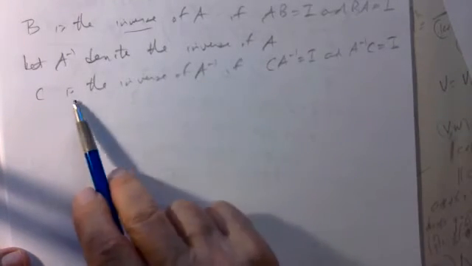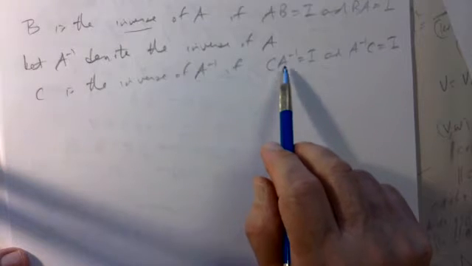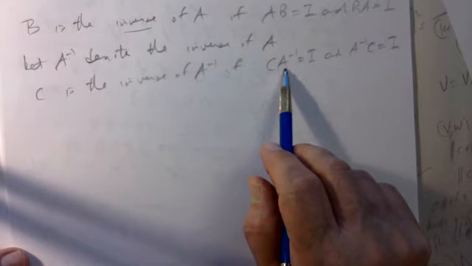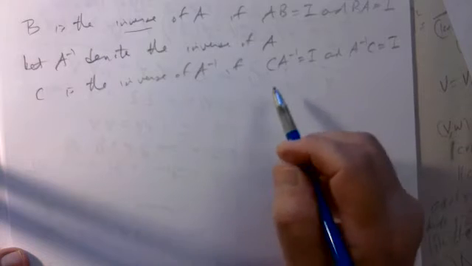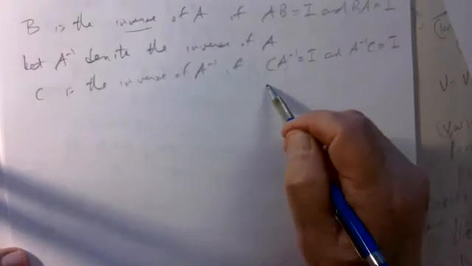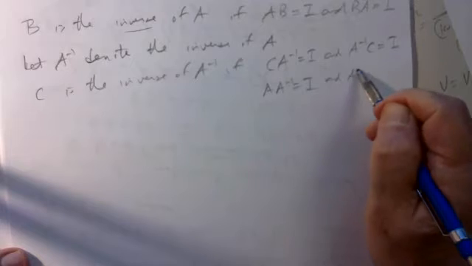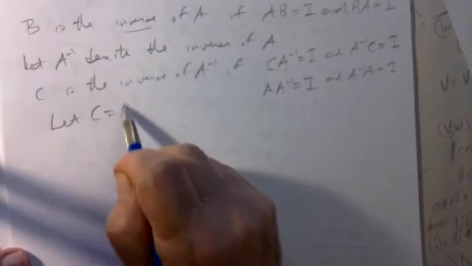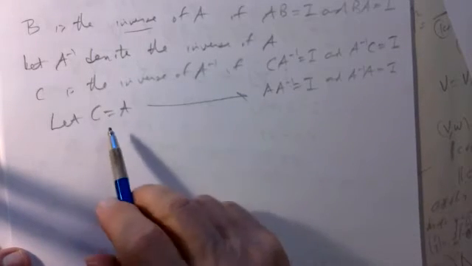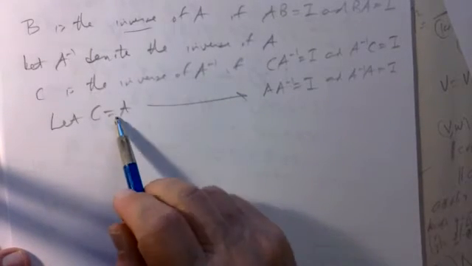This is the definition of the inverse of A inverse, right? Well, but we have that A A inverse is the identity and A inverse A is the identity. So let C equal A. It works. So C is the inverse. So the inverse of A inverse is A.